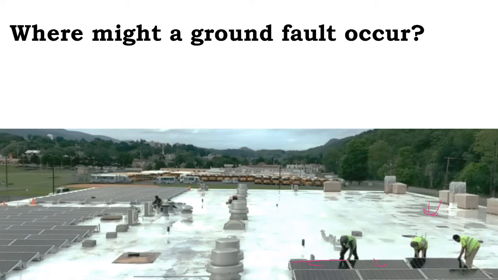Well, that current could go through that puddle, and then it could touch something that's metal on the roof, and the question is, do we want that current to touch the metal and then fault to ground?